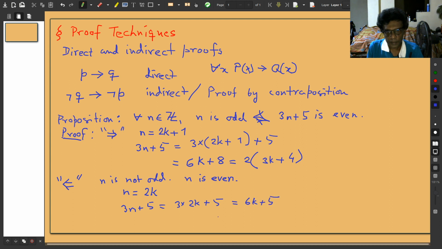And I can write it as 2 times 3k plus 2 plus 1. So, since k is an integer, 3k plus 2 is an integer. So, this is of the form 2 times an integer plus 1. So, this is odd, that is not even. Okay. So, it's a simple example that illustrates the proof technique called direct versus indirect.